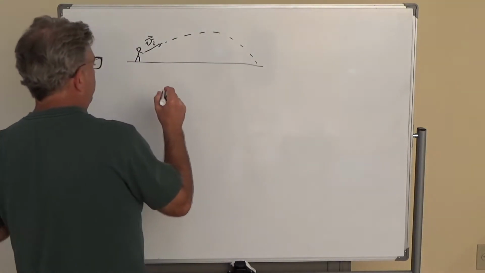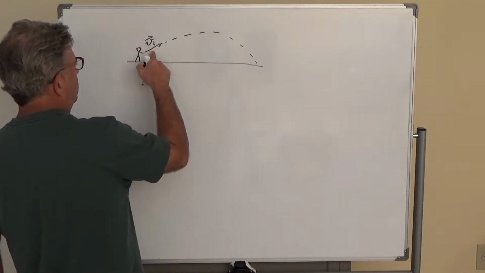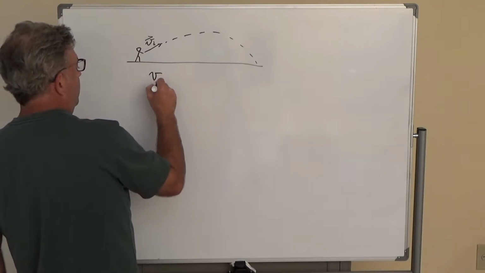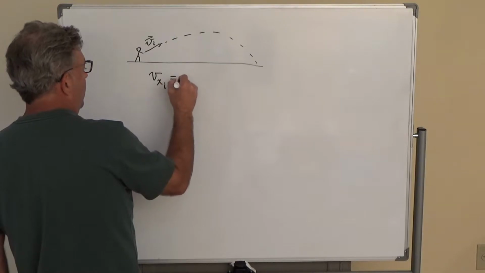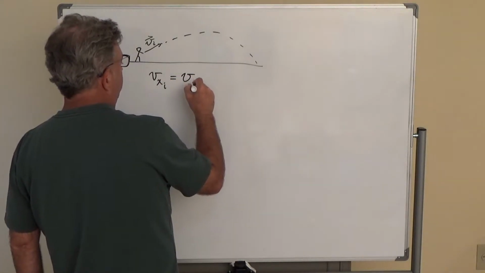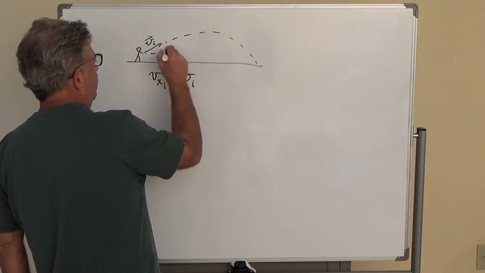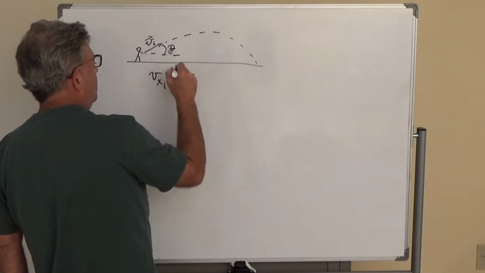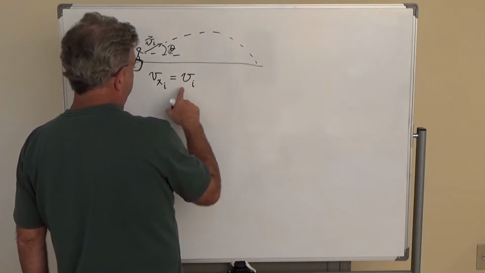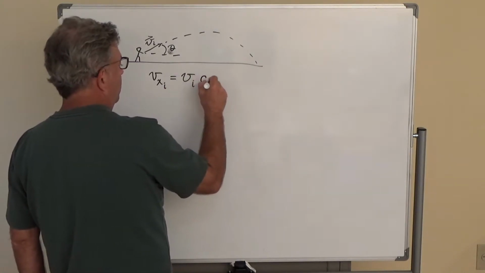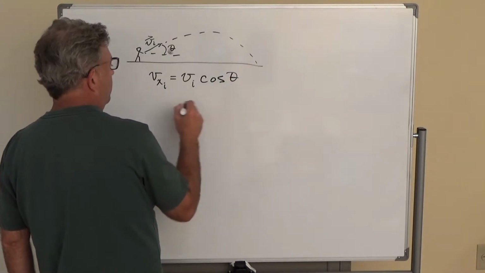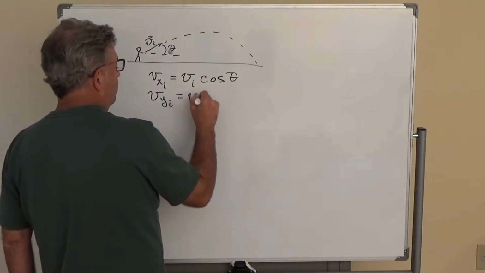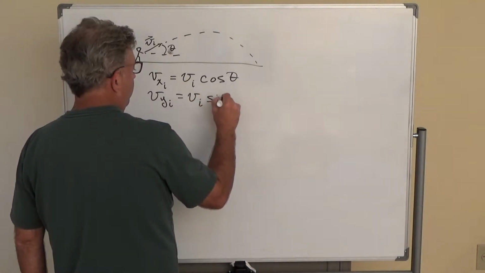So for the x direction, well, let me say this. Typically, you're going to break v initial up into vx initial and vy initial. If this angle is theta, vx initial is v initial cosine theta, and vy initial is equal to v initial sine theta.